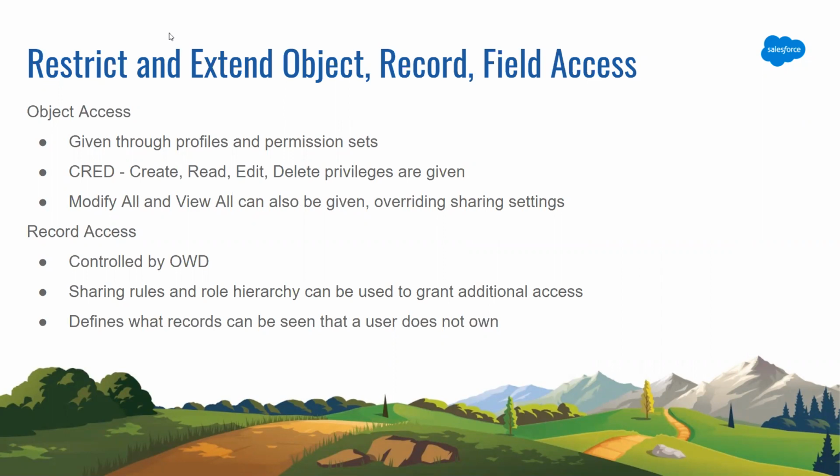We were looking at going into how you can extend the object access and the record access. Object access, given objects like accounts and contacts, is done through the profiles and permission sets. You can give the CRED, which is the create, read, edit, and delete privileges.